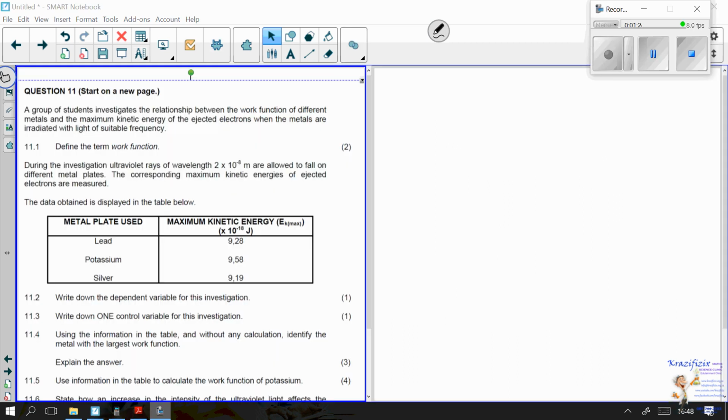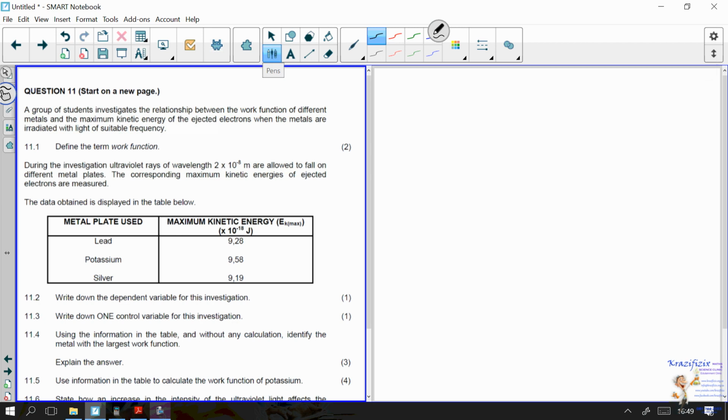Question number 11. A group of students investigate the relationship between the work function of different metals and the maximum kinetic energy of the ejected electrons when the metals are irradiated with a light of single frequency.